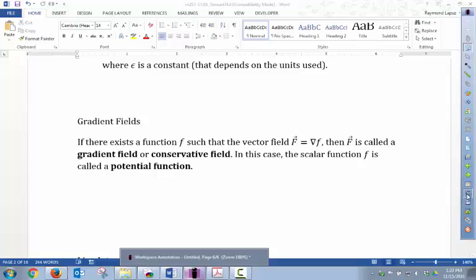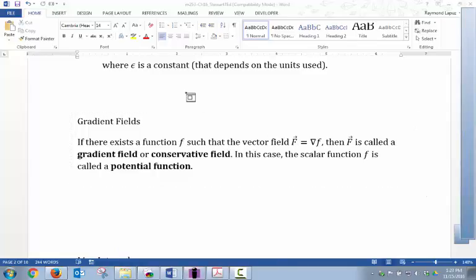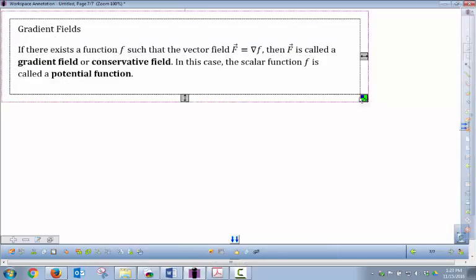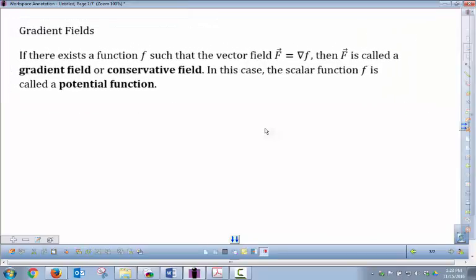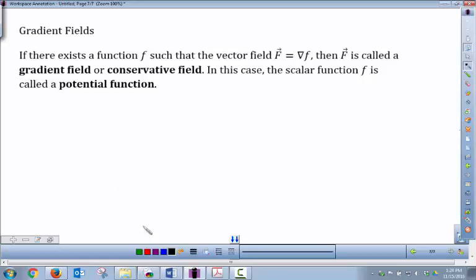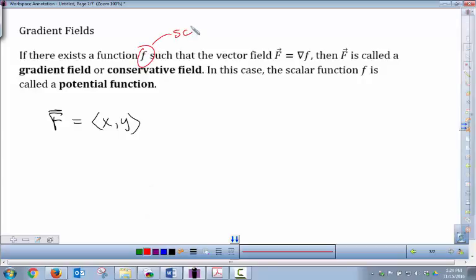All right, so let's take a look at a type of field called a gradient field. If you have a vector field, let's say it's equal to x and y. Now, if you can find a function, note that this is a scalar function.